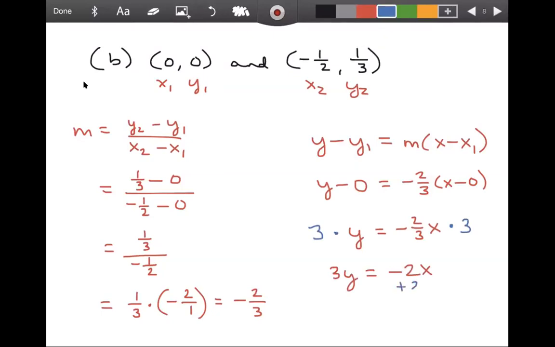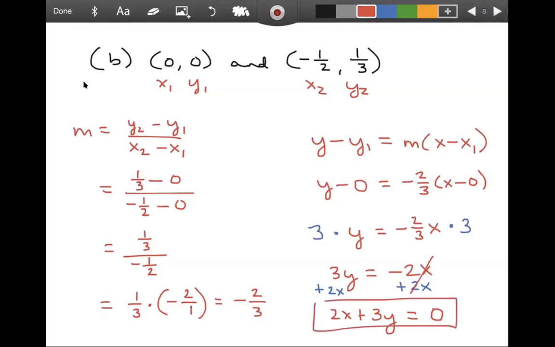So if I add 2x to both sides, I end up with 2x plus 3y. What do I get over here? 0. Once an equation, always an equation. I have to write equals 0 on that side. All right, back to the presentation.